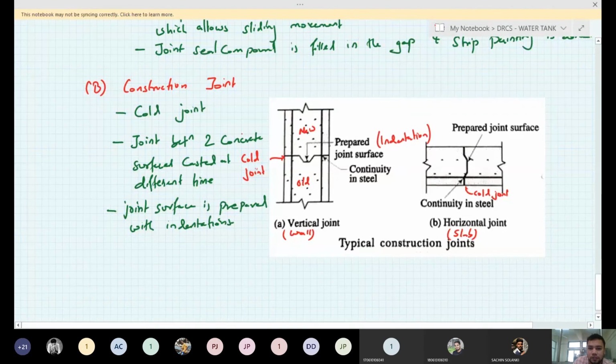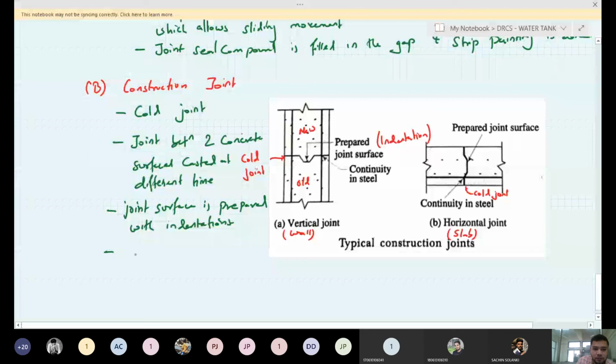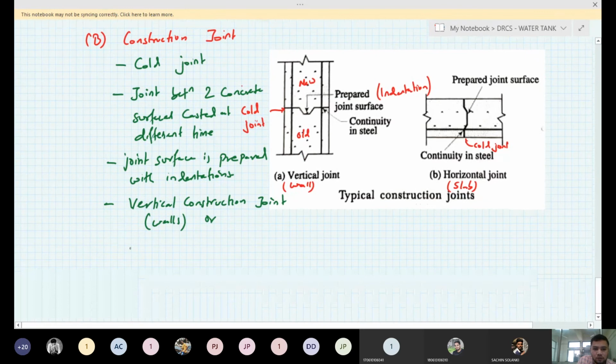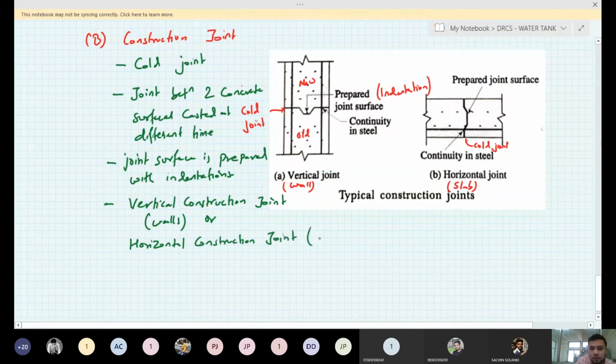Okay, so it can be a vertical construction joint, usually in the wall, or it can be a horizontal construction joint, usually in the slabs or rafts.